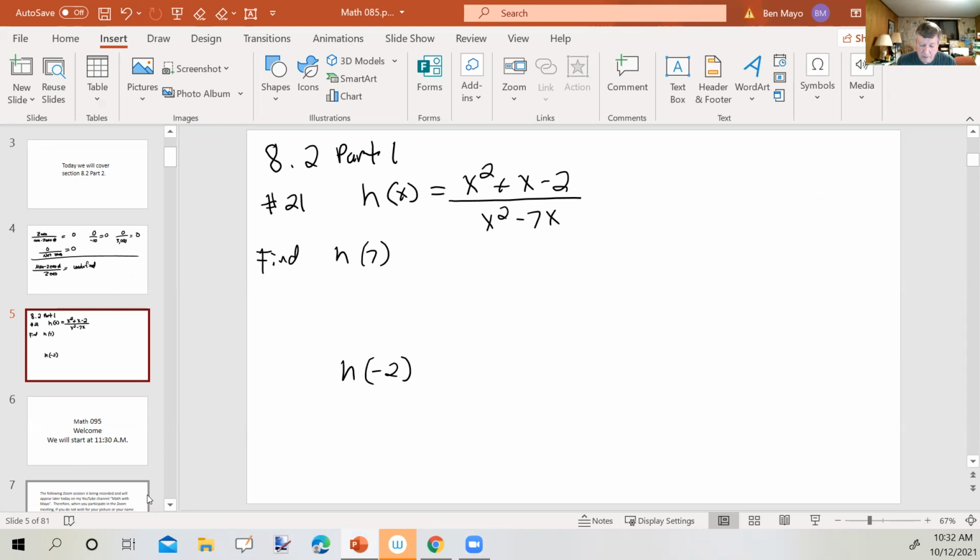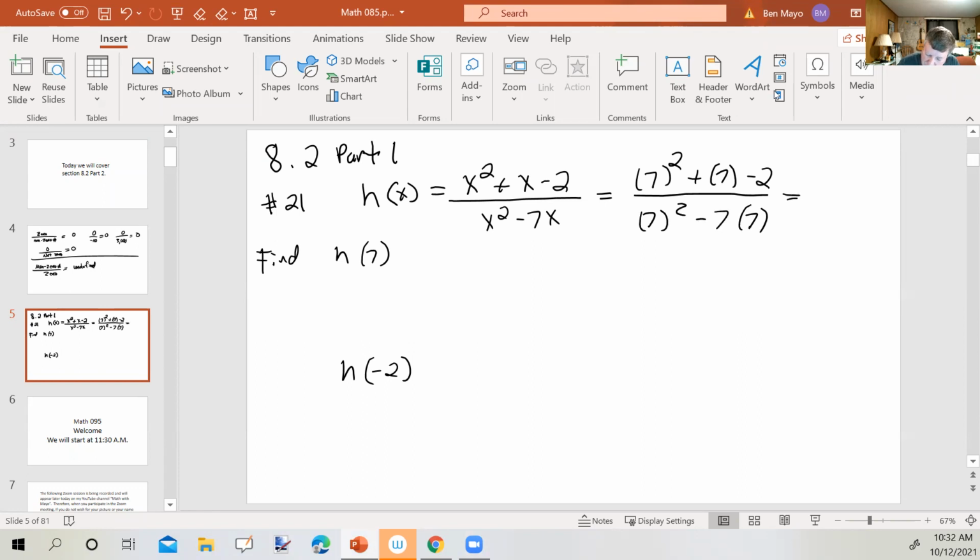First of all, this is number 21 from 8.2 part 1. It says h of x equals x squared plus x minus 2 over x squared minus 7x. Let's find h of 7. So that would be 7 squared plus 7 minus 2 over 7 squared minus 7 times 7.